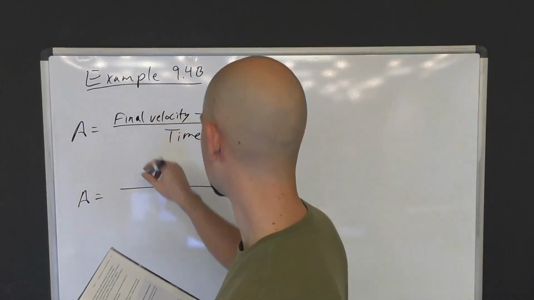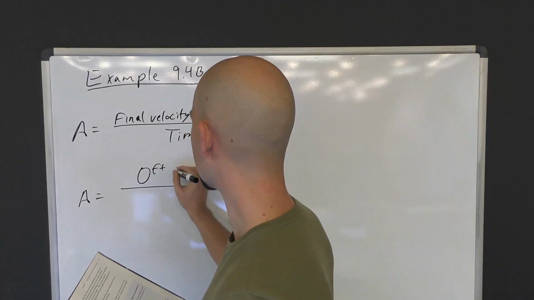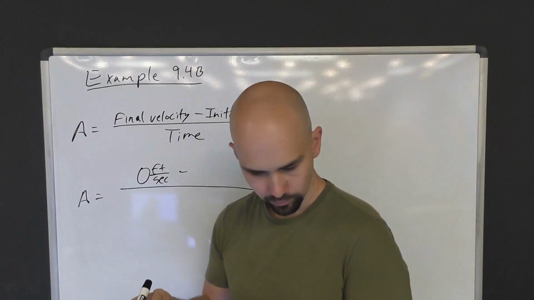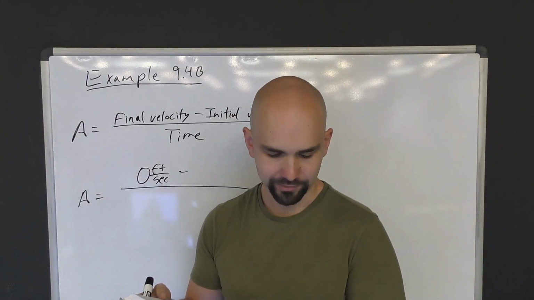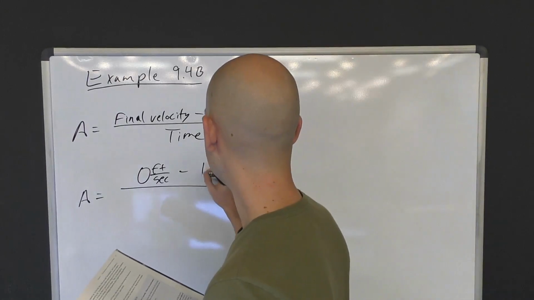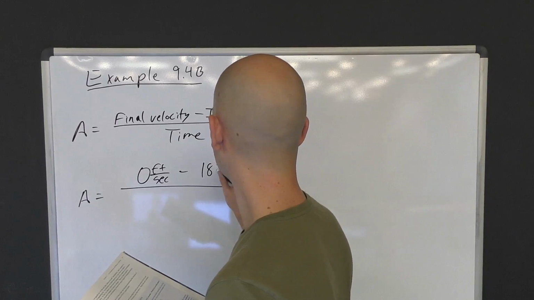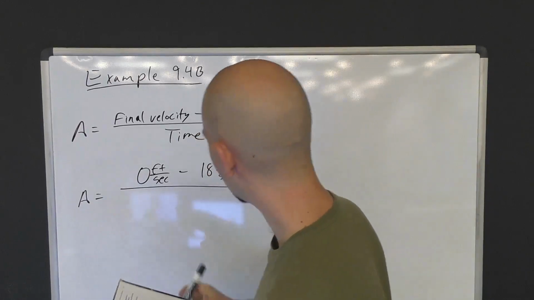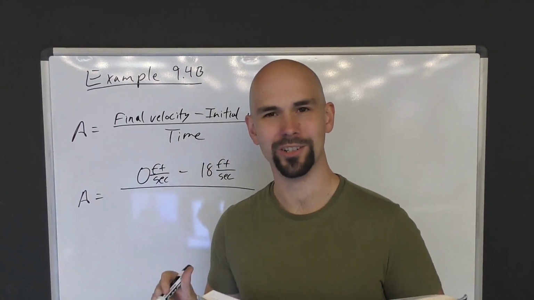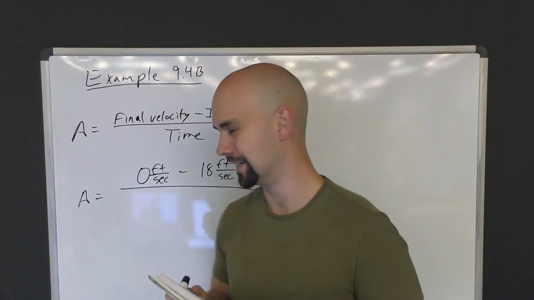So final velocity, 0 feet per second, and we're going to subtract from that the initial velocity, which, it says, he was traveling down the road at 18 feet per second to the east. All right, so 18 feet per second. Now already you might be seeing something a little troubling, that you're going to get a negative acceleration, but don't worry about that, it'll all work out in the end.